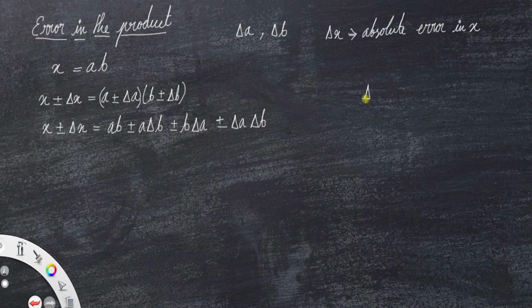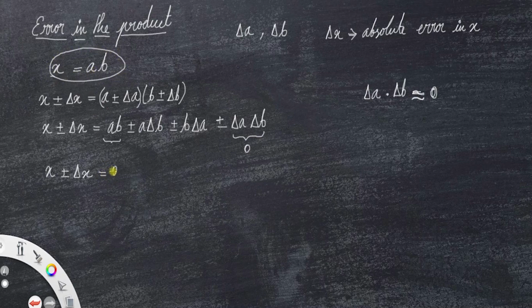Now delta a, the absolute error in a, is very small, and the absolute error in b is also very small. So the product of these two numbers, we can conclude, is approximately equal to 0. So we can remove this one. This term becomes 0. So x plus or minus delta x will be, you know, this ab is x itself.